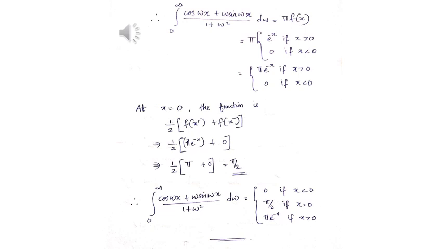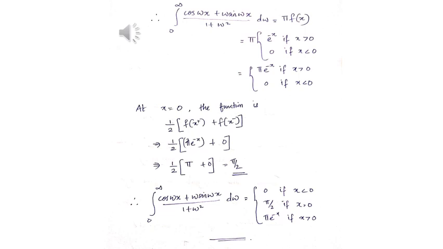That is 1 by 2 into f of x plus plus f of x minus. For x greater than 0, the value is pi into e raised to minus x, and for x less than 0 the value is 0. So we have substituted here and the final answer we will get is pi by 2.